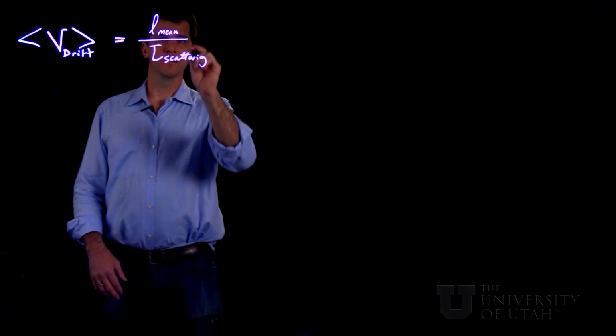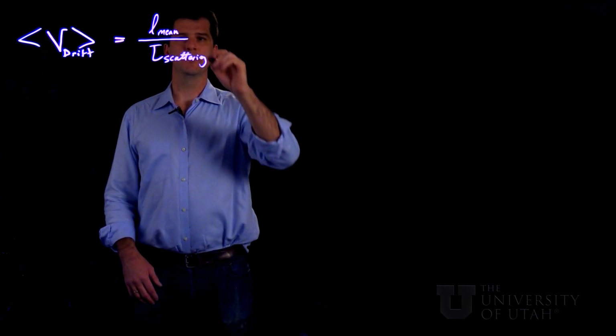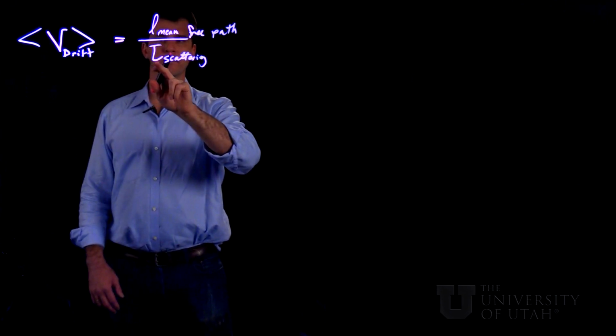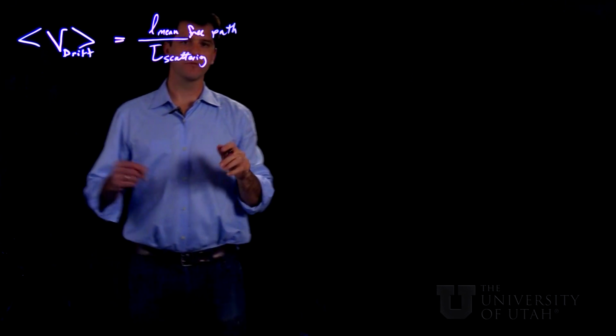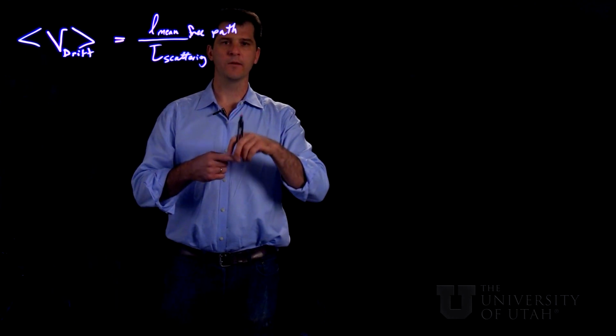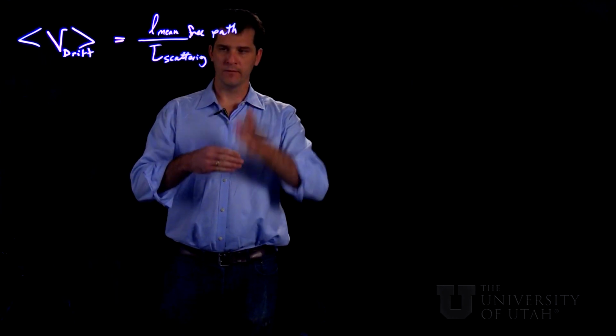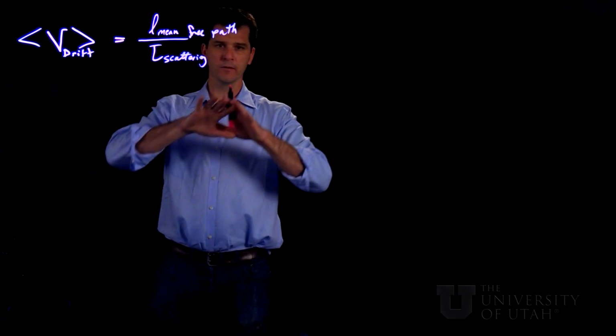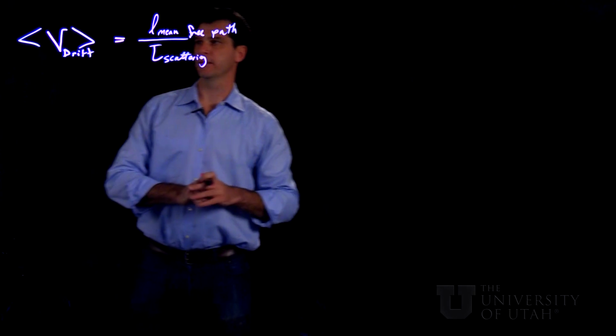So the L here is the mean free path, and the tau here is called the momentum scattering time because we changed the particle's momentum at the event of the scattering. So these are average quantities over billions and billions of collisions.